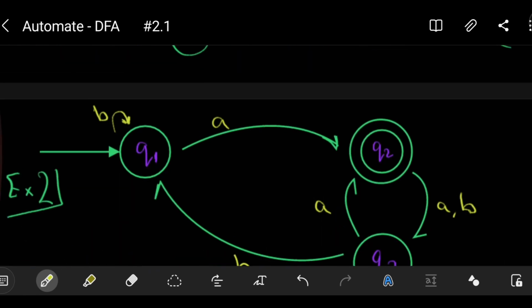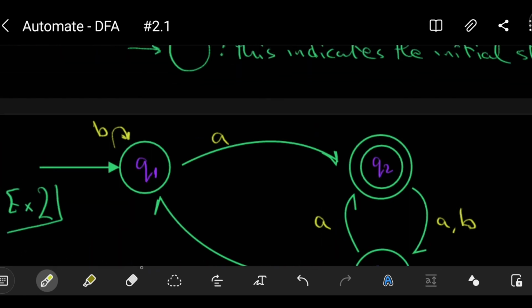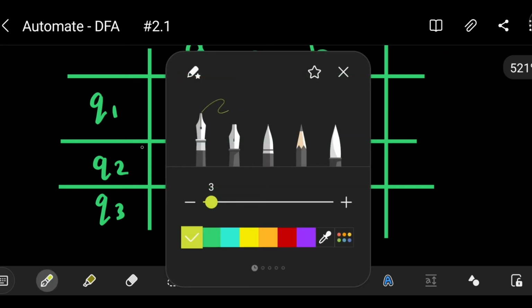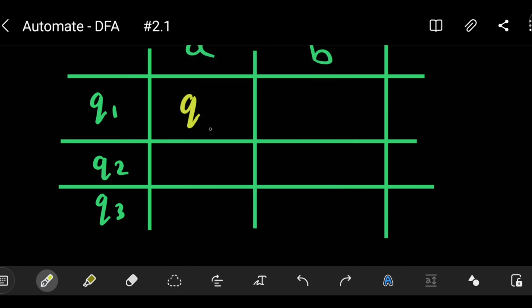So Q1 with A will give us Q2. And Q1 with B gives us itself. Okay, so let me solve this.